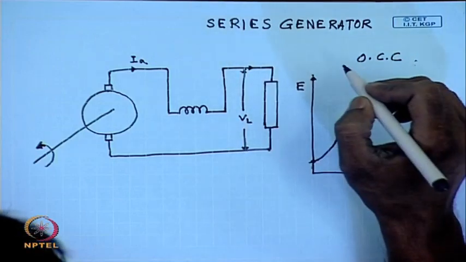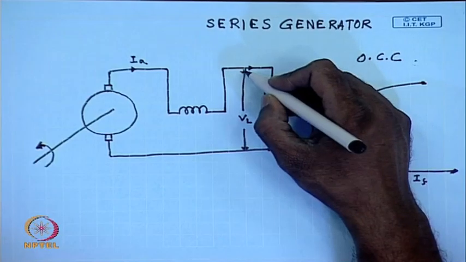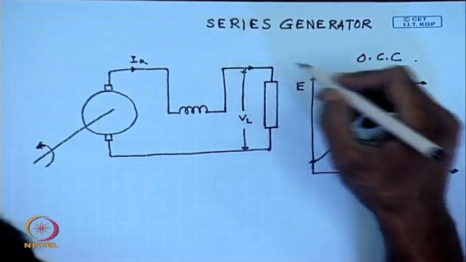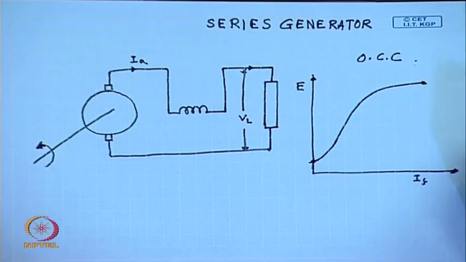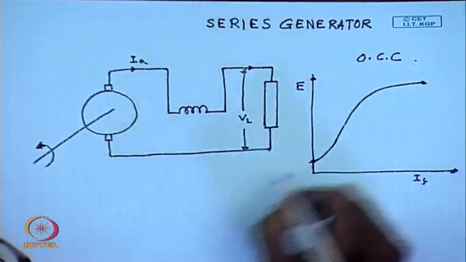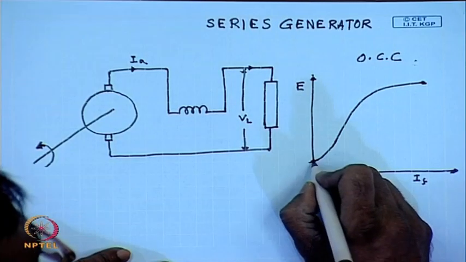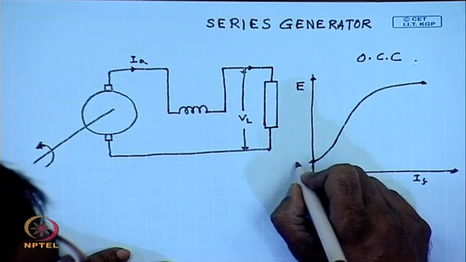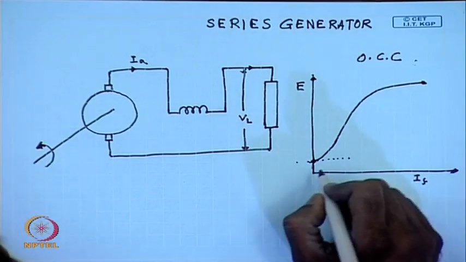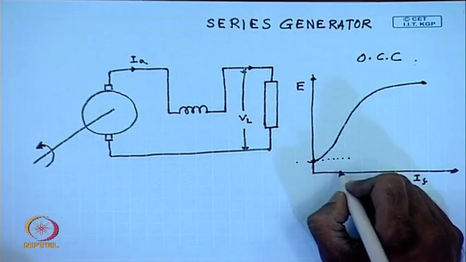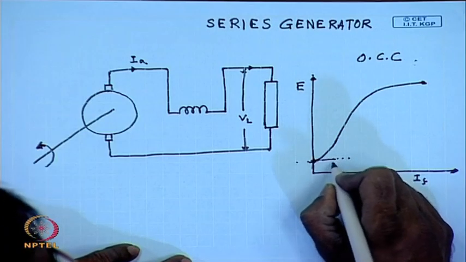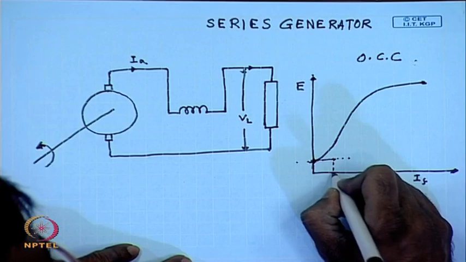Once this armature circuit is closed through a load, then the current will start flowing. Depending on the resistance of the load, initially this was the voltage, some amount of current will flow. Let us say this.